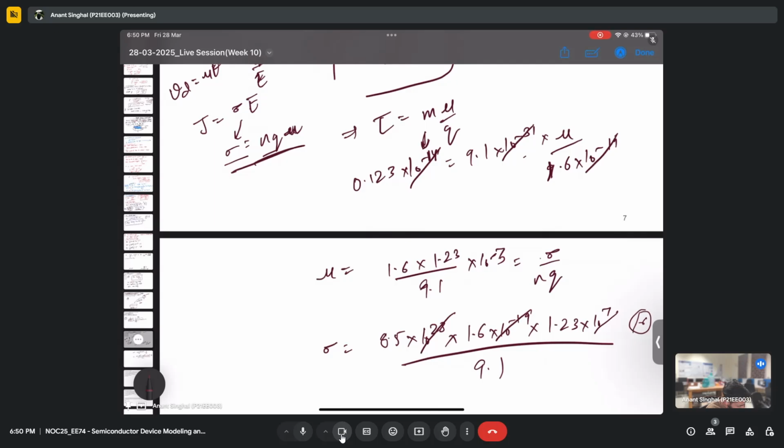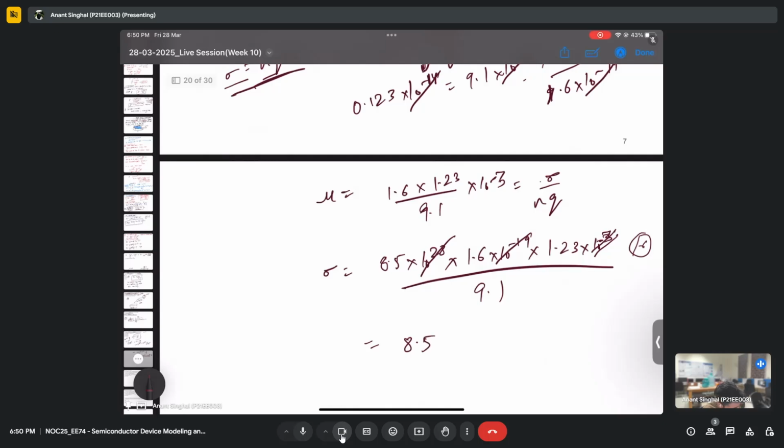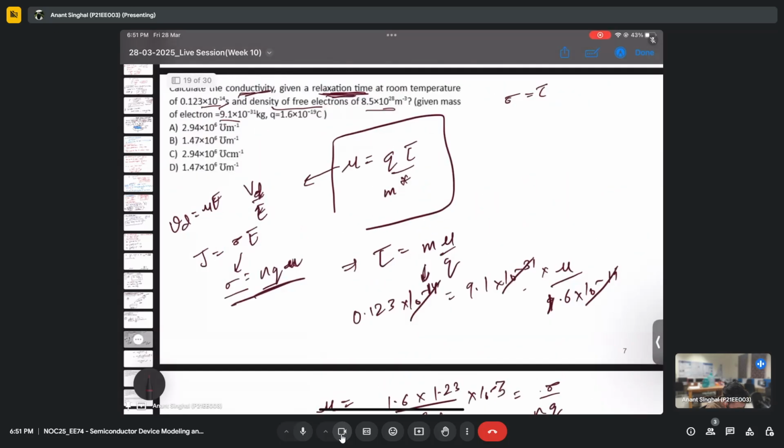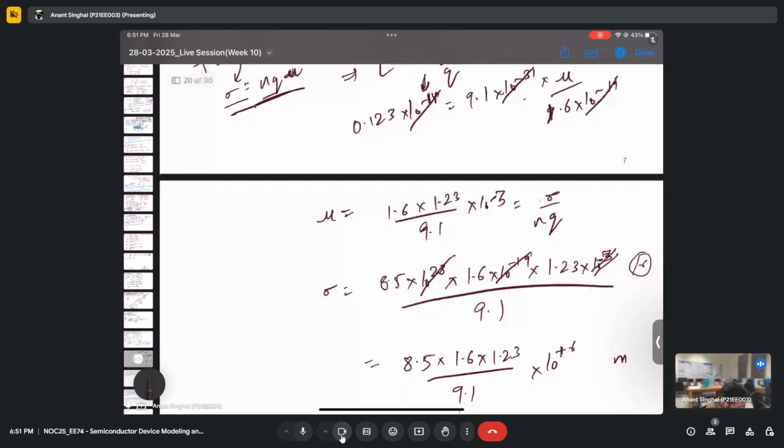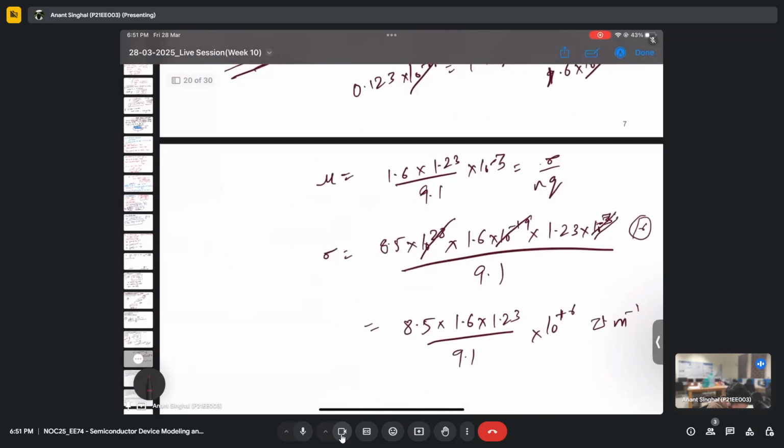Let me recheck. So if it becomes minus 3, then is it coming 16? Yeah, it is coming 6. Okay, now it is fine, I guess. So it is 8.5, 1.6, 1.23 by 9.1, minus 6, plus 6, and it is Siemens per meter. So I think A will be the answer.